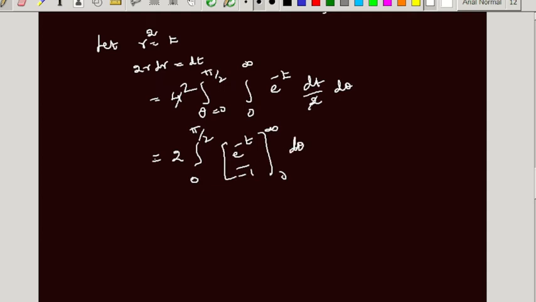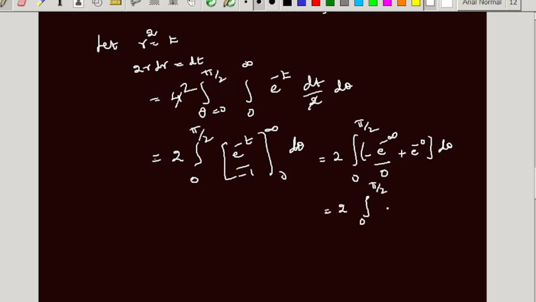So if we apply the upper limit, e power minus infinity is 0, minus, since the denominator minus is there, plus e power minus 0, which is 1. So the integration is 2 times integration 0 to pi by 2 d theta, which is 2 times theta. We apply the limit 0 to pi by 2 and we get the answer 2 times pi by 2, which is pi.